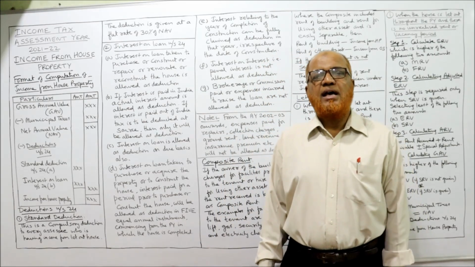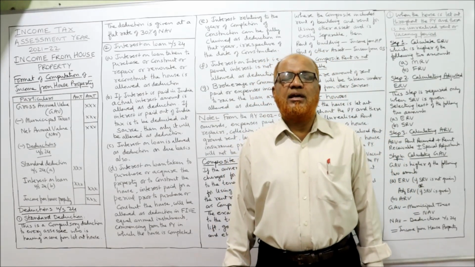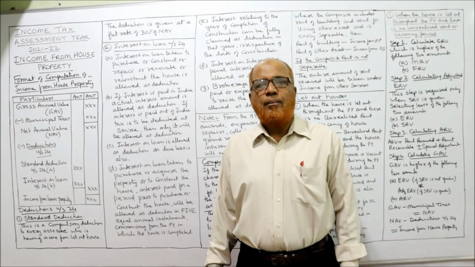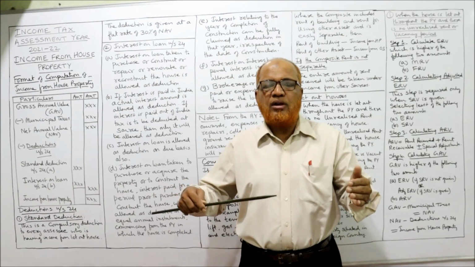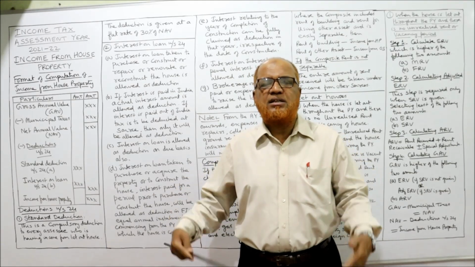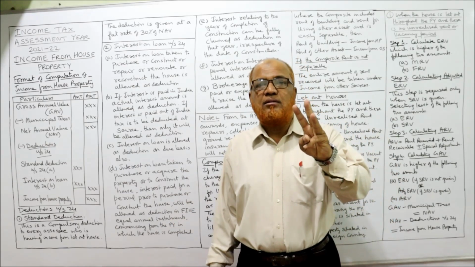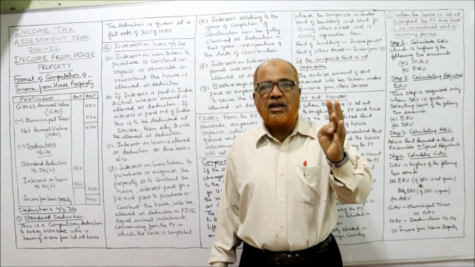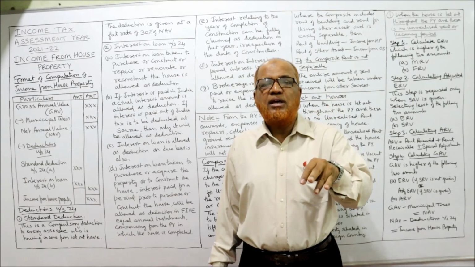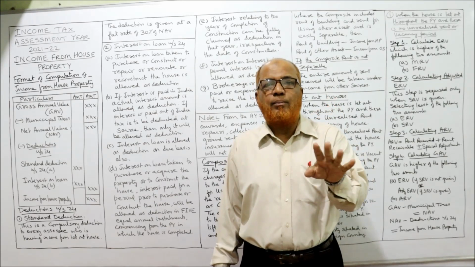Example, if a person has taken a loan in the year 2015, and after taking the loan in 2015, he started constructing the house. The construction of the house has taken 3 years, 16, 17, 18, and during the year 18, the house was completed.